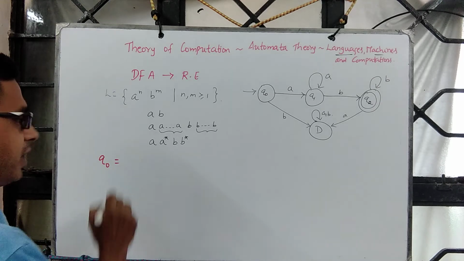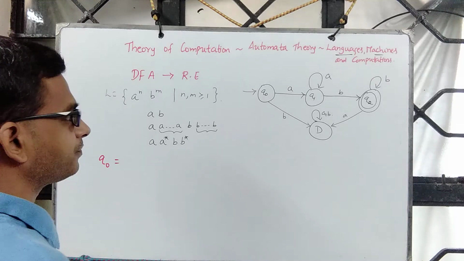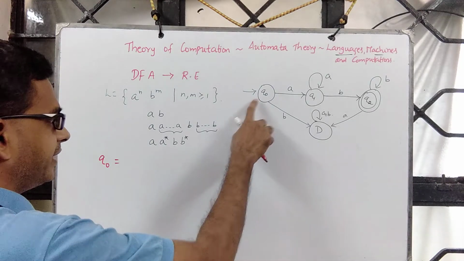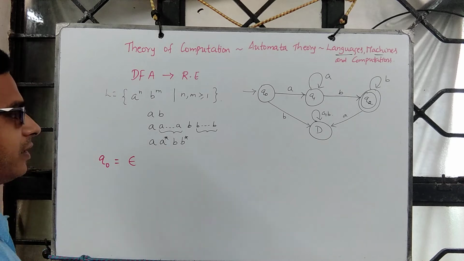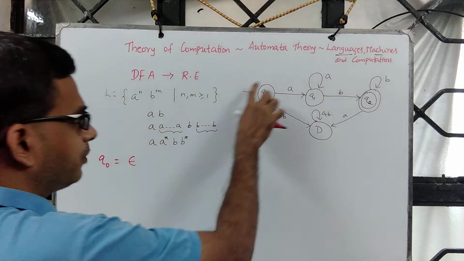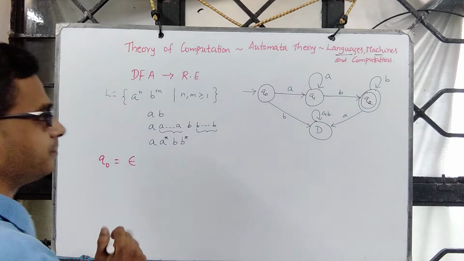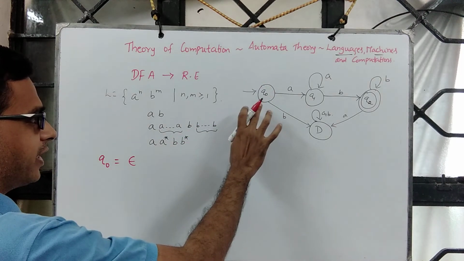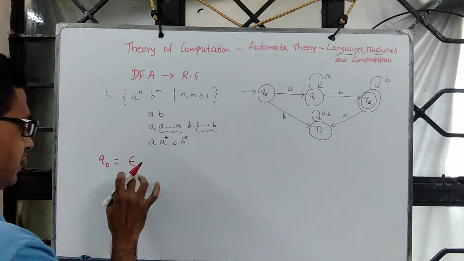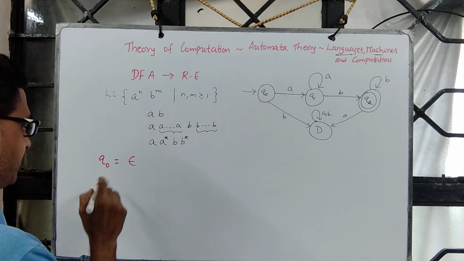With respect to Q0, here is our equation. Since Q0 is the start state, we write epsilon for that. We just talk about the incoming arrows. With respect to Q0, there are no incoming arrows. So since this is the start state, we write epsilon.